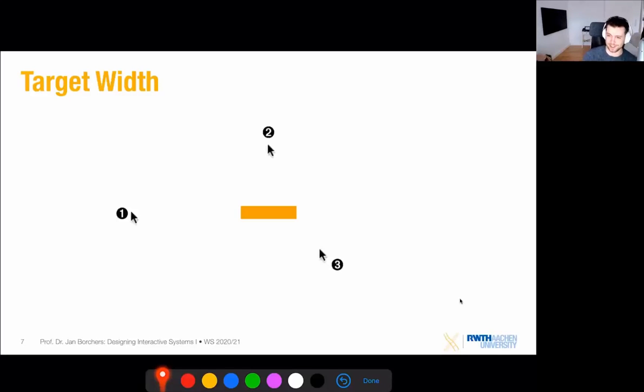If I come from direction 1, the width of the button is this one. If I come from 2, the width is this one. And if I come from a diagonal direction, it's this one. So it's the trajectory from where we come slicing through the button. That's the width that we will have in Fitts' law.